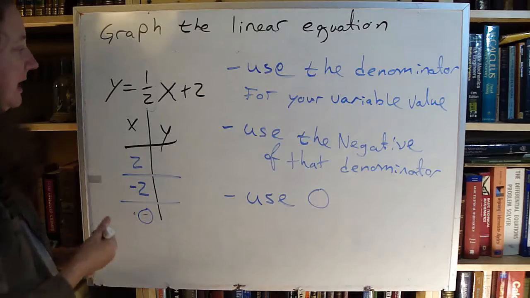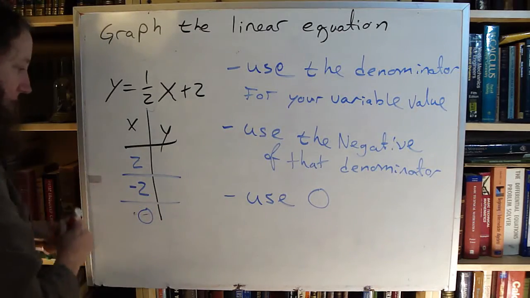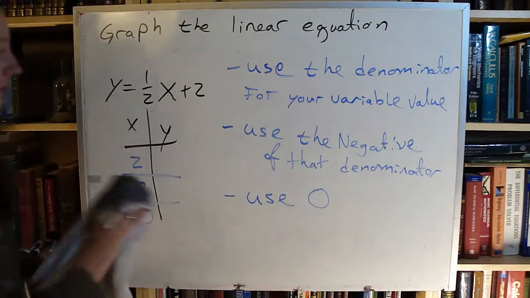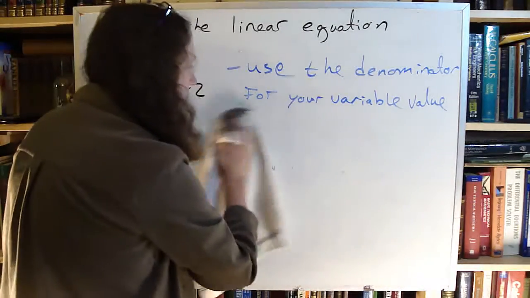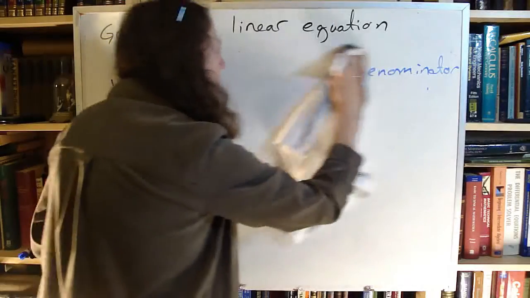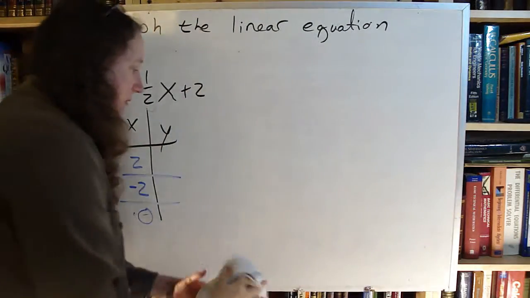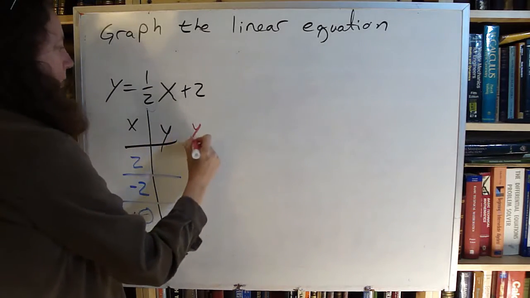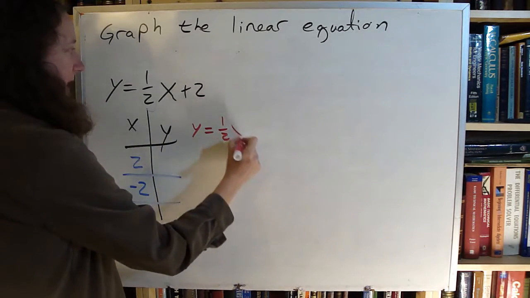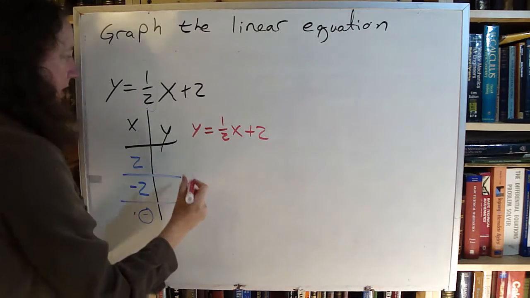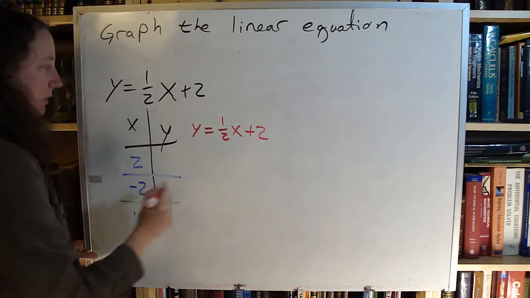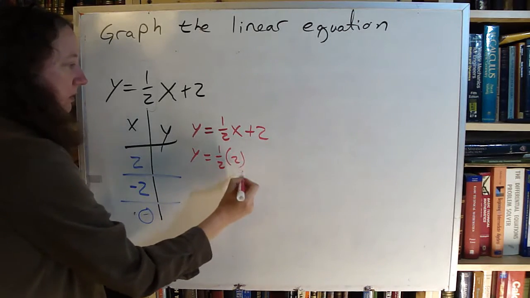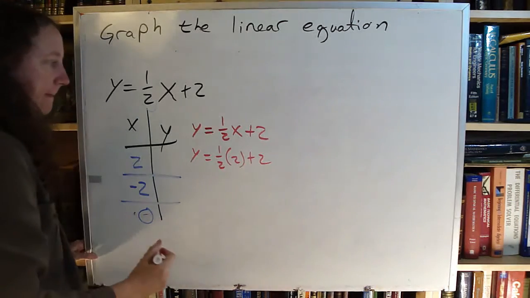Y equals 1/2 x plus 2. Let me make a little space here. Y is 1/2 x plus 2. So I'm replacing the x with 2. Y is 1/2 times 2 plus 2.